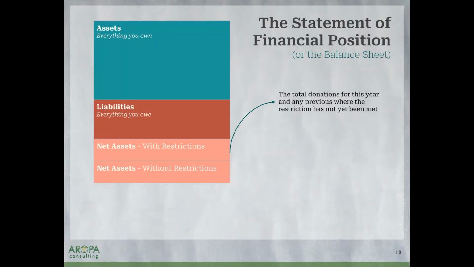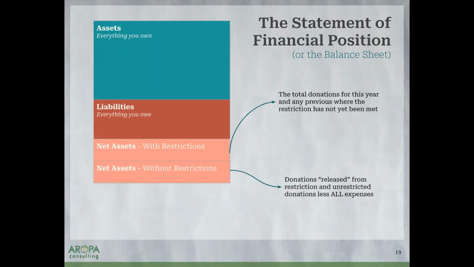And then net assets without restriction just means everything over the past year that we earned minus all of our expenses, right? Everything that we earned that was either open and unrestricted, or anything that we have released from restriction, like in the previous example.